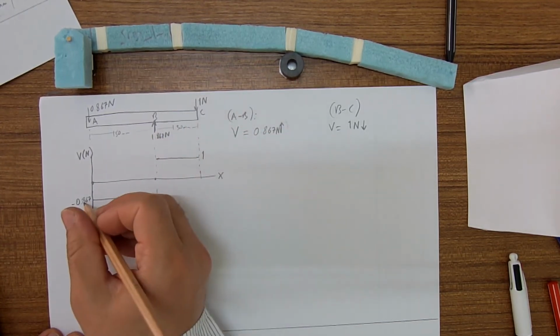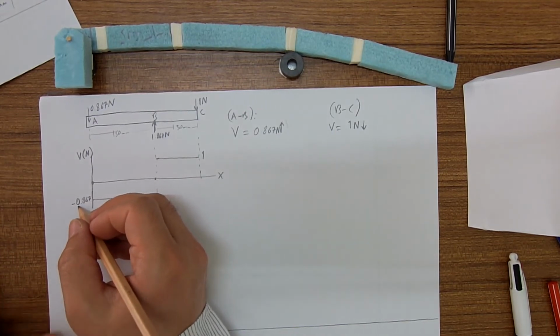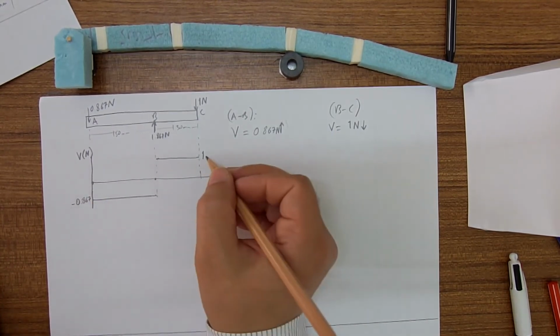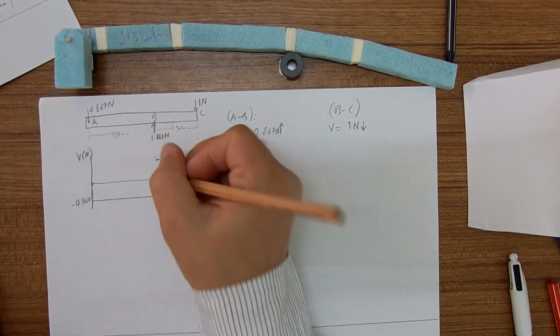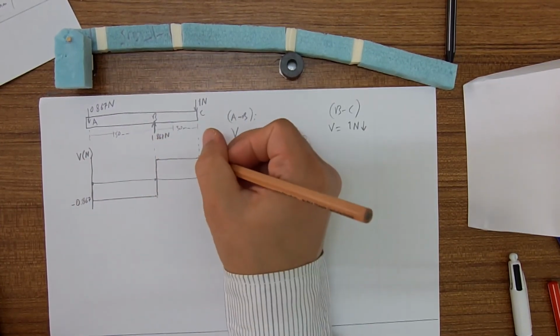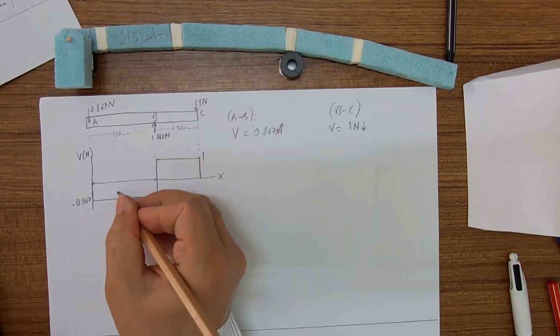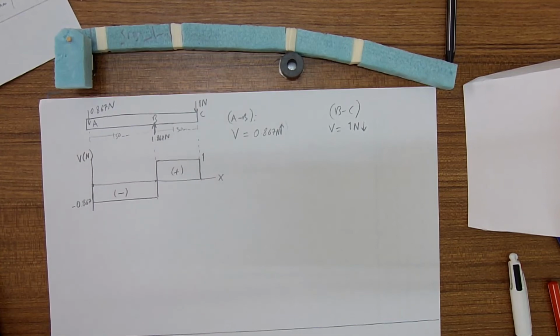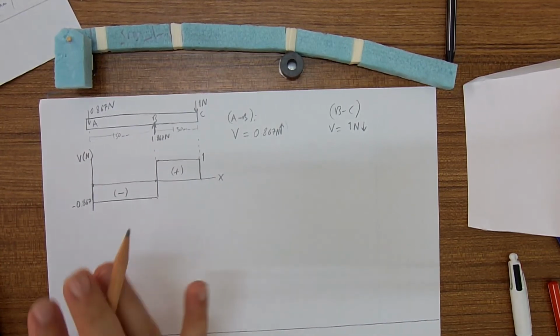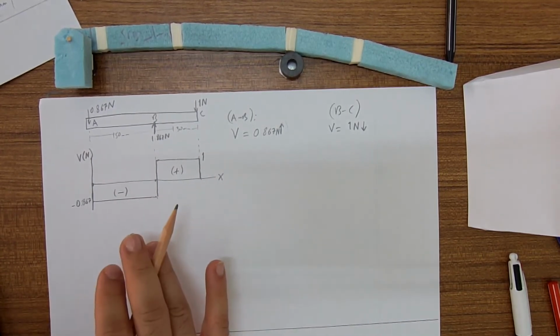This is negative 0.867, this is 1, and we complete the lines. Here it is negative, here it is positive. So we completed our shear diagram.